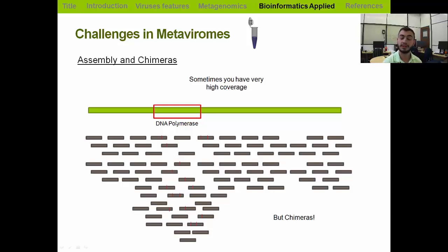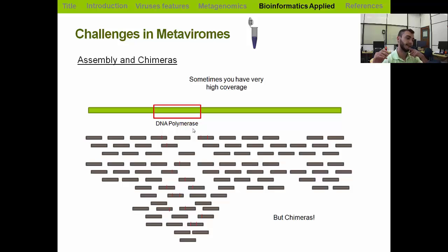I tried to identify the protein or the gene that was encoded in this region, and I found it was a DNA polymerase. And it popped up in my mind that this could be a chimera.